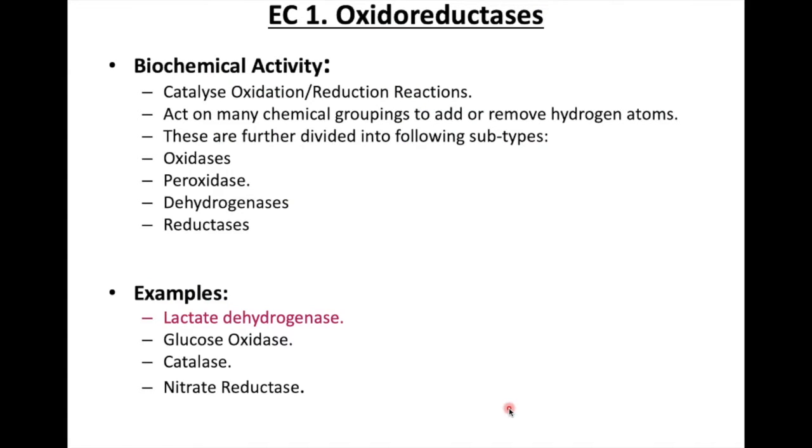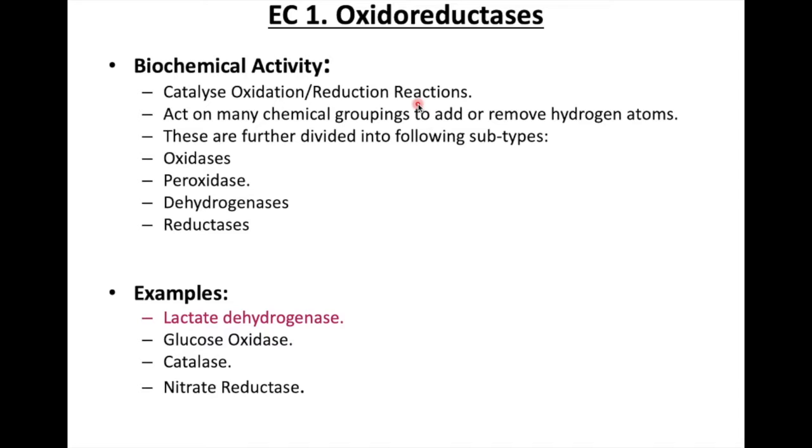The first class is the oxidoreductases. This class of enzymes catalyzes oxidation and reduction reactions. In these reactions, one compound is oxidized and the other is reduced.